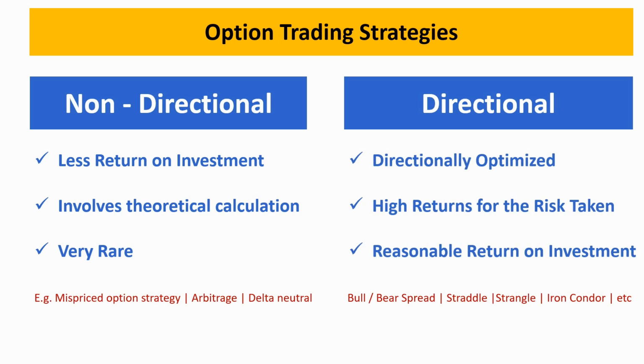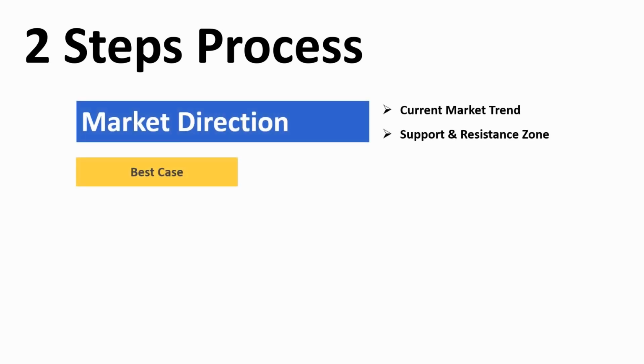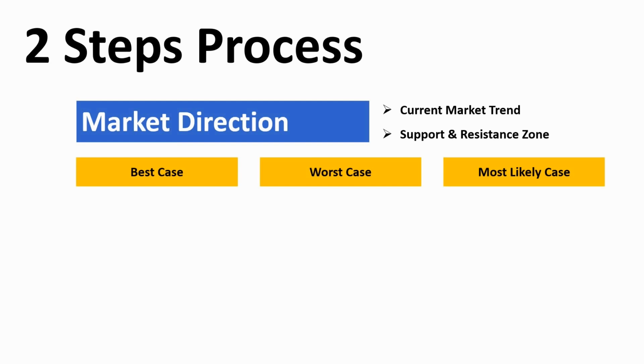And let me also share with you something which we really traded when it comes to this strategy. So we have a two-step process by which we do it. Number one, directionally, if you want to be right, you need to know the current market trend. You need to understand the support and resistance of the stock. Either you get it through technical analysis or you get it through any of your directional practices. It is up to you.